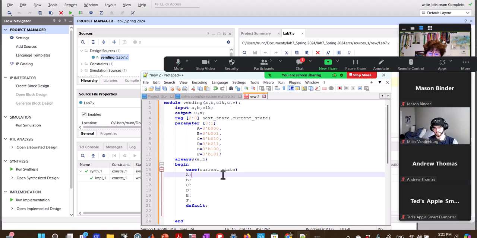And then our current state tells us what our output is going to be. So for each one of these, you can immediately say what U is and what V is. We're going to come back and fill in other stuff.